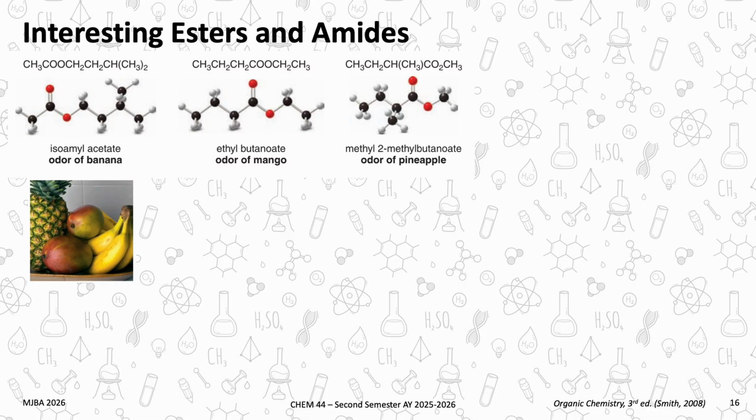These are the esters that are associated with the odors of some tropical fruits like banana, the isoamyl acetate, mango, the ethyl butanoate, and pineapple, the methyl butanoate. So these are the characteristic smell or odor of these fruits. That's why the ester, industrially speaking, is quite relevant because it has application in flavors and fragrances.